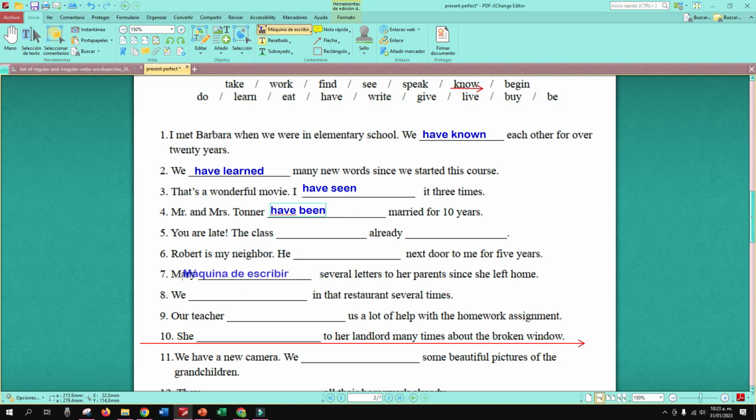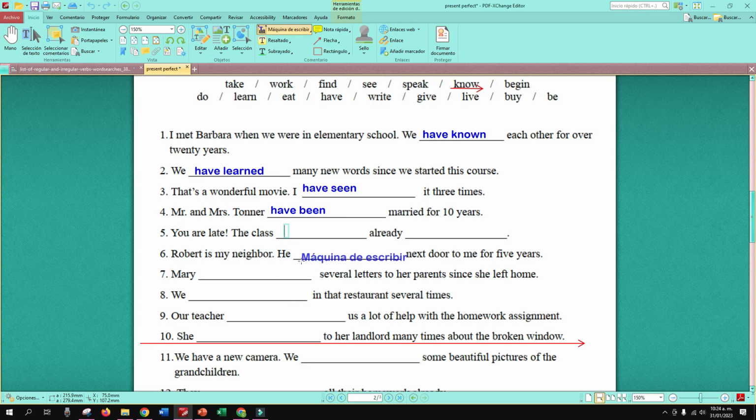Number five, you are late. The class already, and there you have another blank there. So the class what? Have already begun, or start? What do you think? There you have the start there. No? All right. You don't have it in the verbs. So the class has or have.